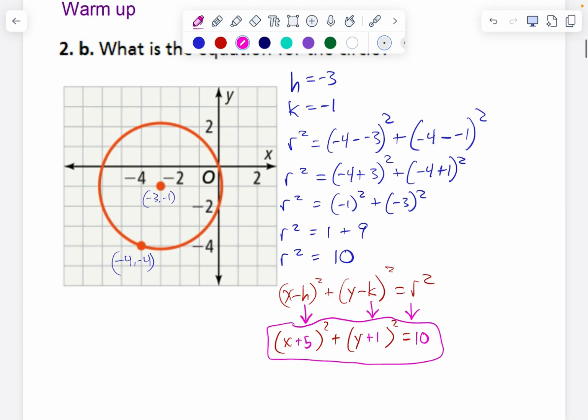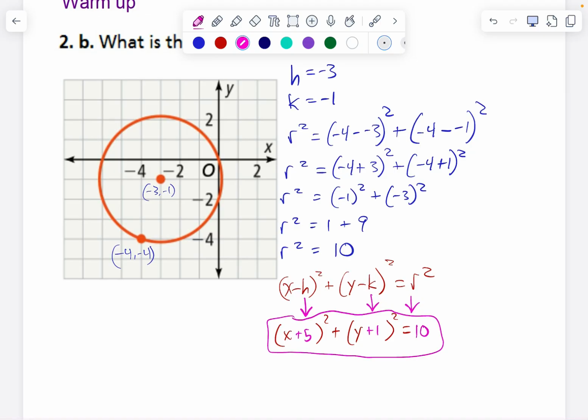So, guys, I need you to not just focus on process, like following a recipe. I just gave you notes on hk and r squared, but we've got to be able to think a little bigger to say, well, if r squared is 10, the radius is root 10.